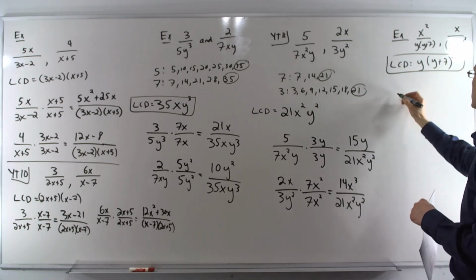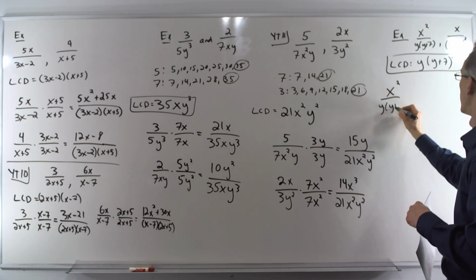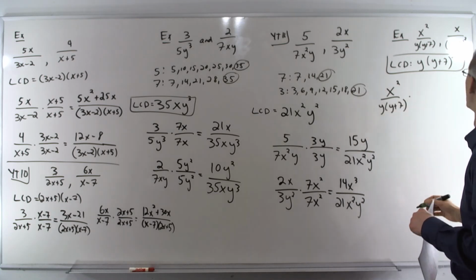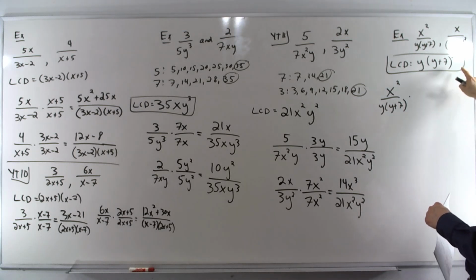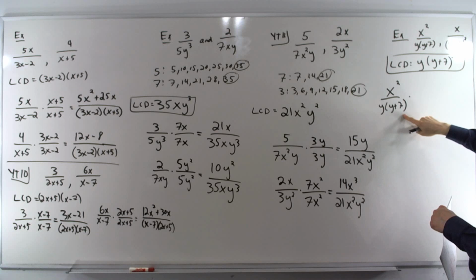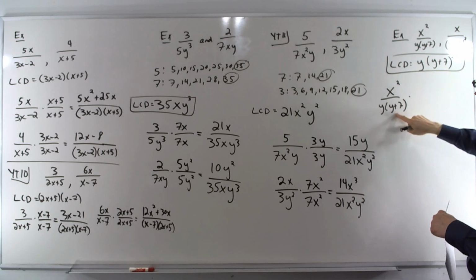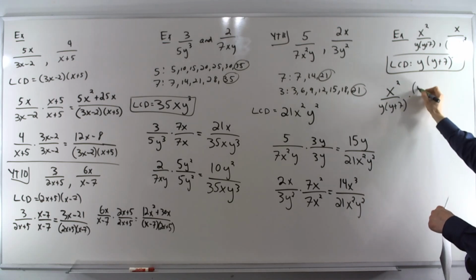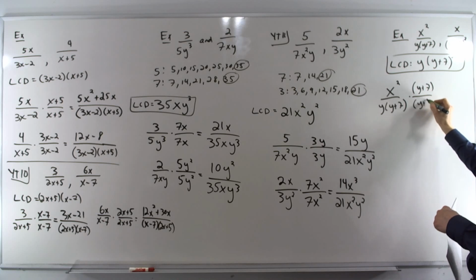All right, now let's examine this first one here. We've got x squared over y times y plus 7. If I take this LCD and divide by y times y plus 7, the y's cancel. One of the y plus 7's cancels, but we still need one more. So we're going to multiply by y plus 7 over y plus 7.